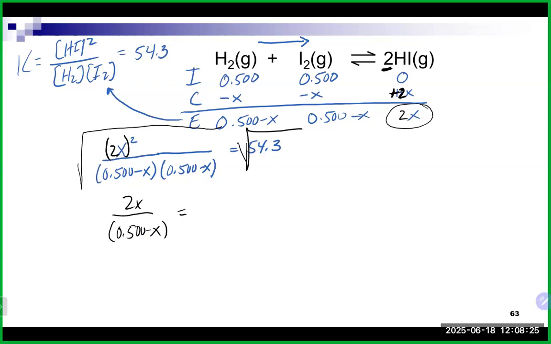And the thing I sometimes forget to do is take the square root of 54.3, which gives me 7.36885. That looks a lot easier to solve. So we multiply what's on the bottom to the other side, and that gets us 2x equal to 0.5 there.